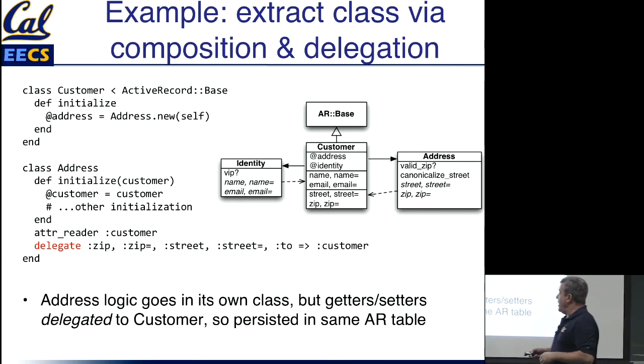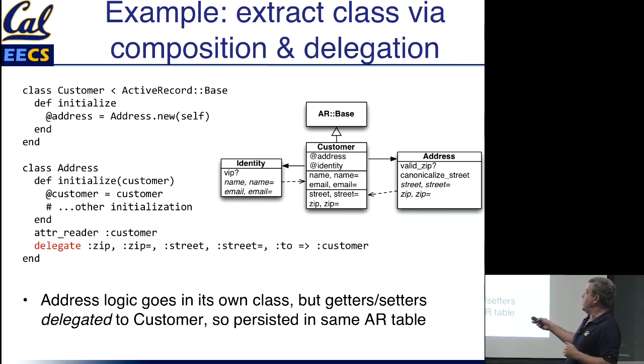So if I say that my customer is composed of an address, and I tell Rails what the attributes of the address are, then anytime I load a customer, it will automatically arrange for the address attribute of that customer to be initialized to a new instance of the address class.